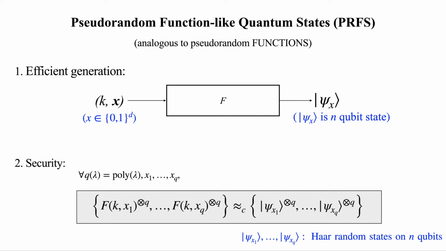This is not necessary, it's just done for simplicity. So informally, what this is saying is that unlike a PRS, where you use the key to only generate one pseudorandom state, a PRFS allows you to use the same key k to generate multiple PRFS states. In this particular case, you can generate 2 to the d pseudorandom states.